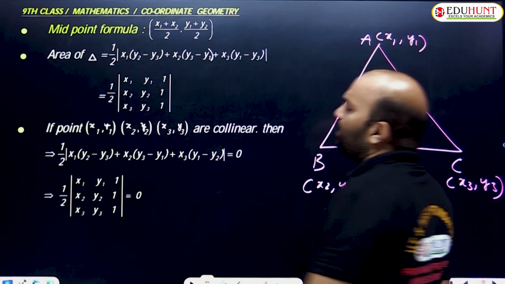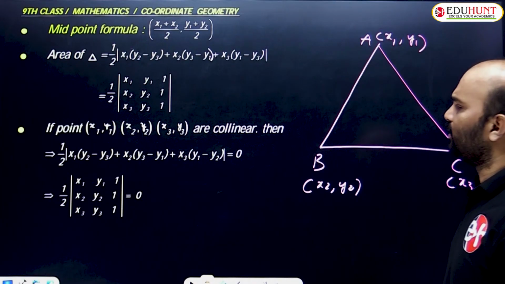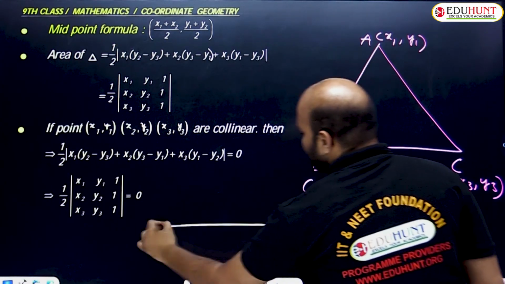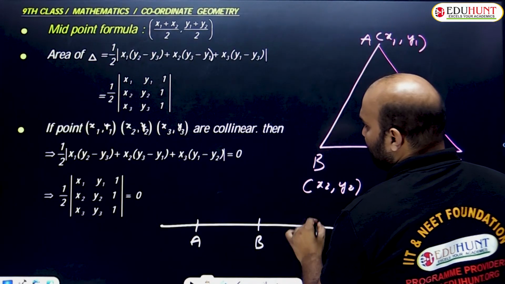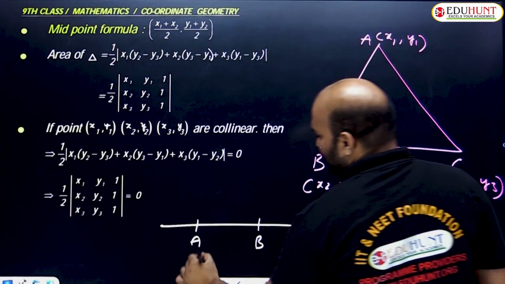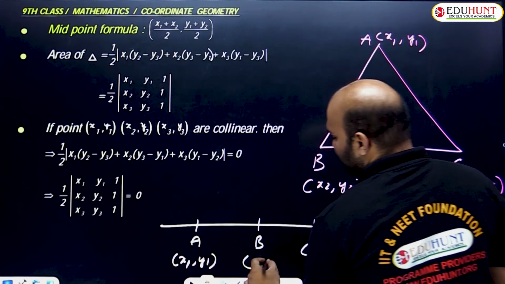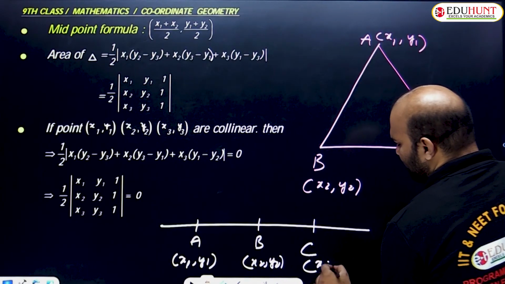Next, if the points x1 comma y1, x2 comma y2, x3 comma y3 are collinear, nothing but they touch in a line. This is the A point, this is the B point, this is the C point. For example, these are collinear. A coordinates are x1 comma y1, B coordinates are x2 comma y2, and C coordinates are x3 comma y3.